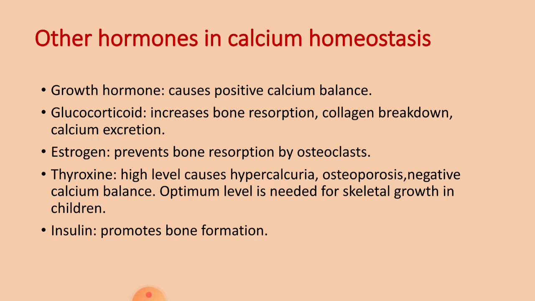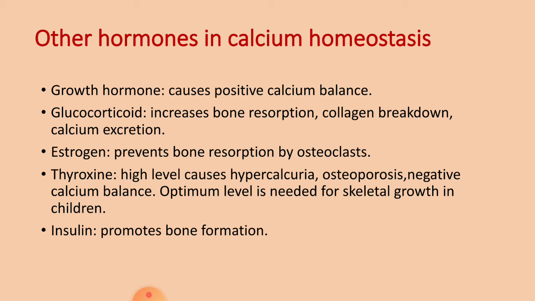The major hormones in this series are growth hormone. What does it do? Growth hormone increases intestinal absorption of calcium. It also increases calcium excretion from the urine, but the ultimate resultant effect is positive calcium balance.